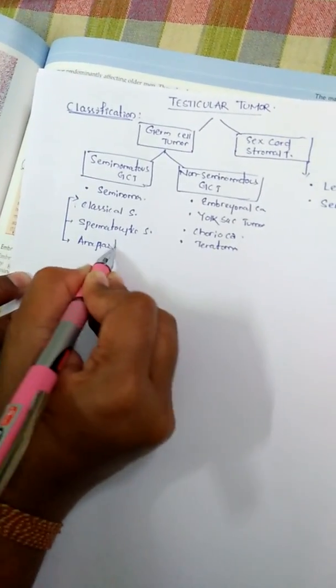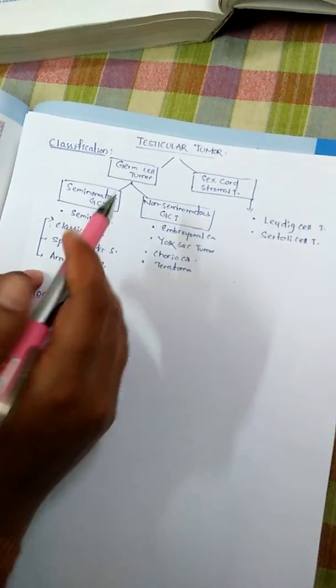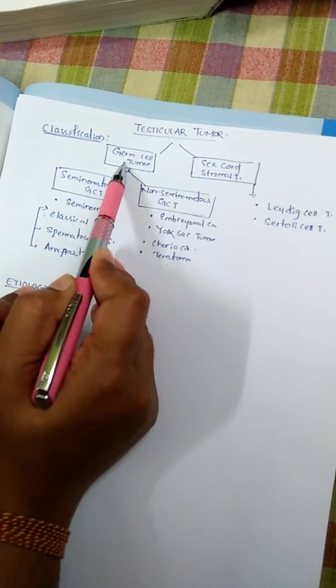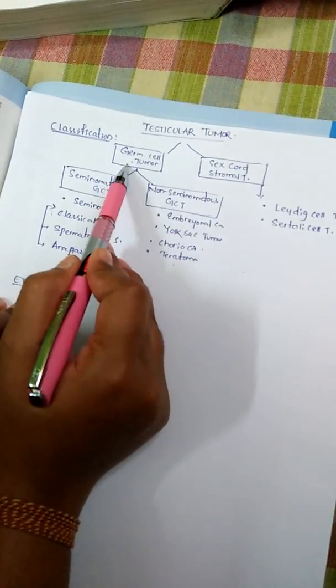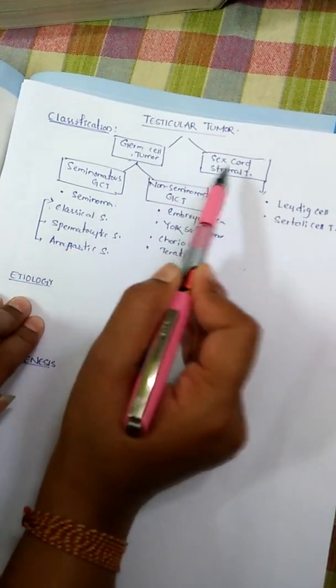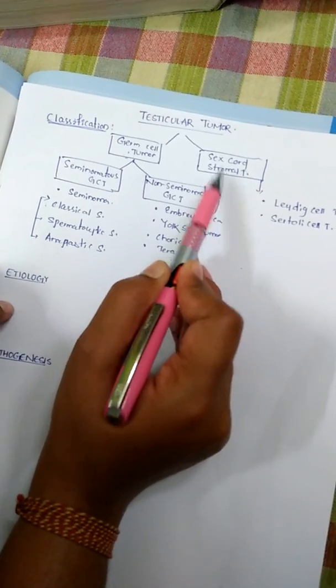These are all the classification of the testicular tumor. Just a brief on the germ cell tumor and the sex cord stromal tumor: the germ cell tumor is the most aggressive tumor, and the sex cord stromal tumor is the benign tumor.